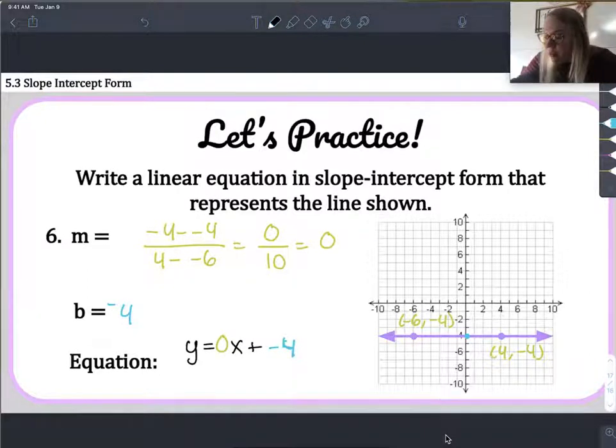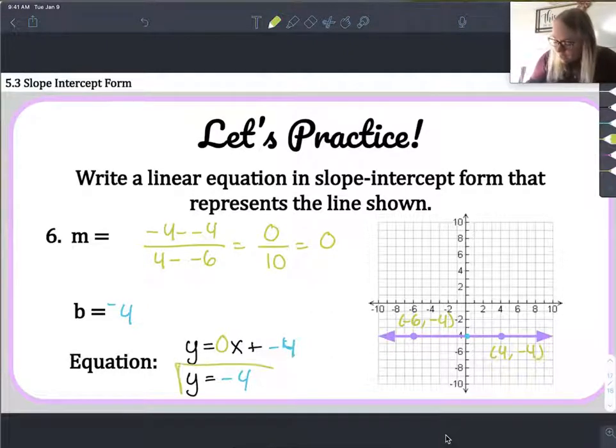But the preferred way is, if you remember, anything times 0 is 0. So 0 times x is 0, and if we add 0 to -4, we still get -4. So you could simply write it as y is equal to -4. That's also okay.